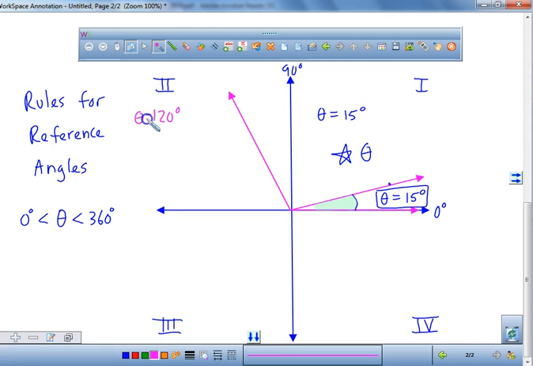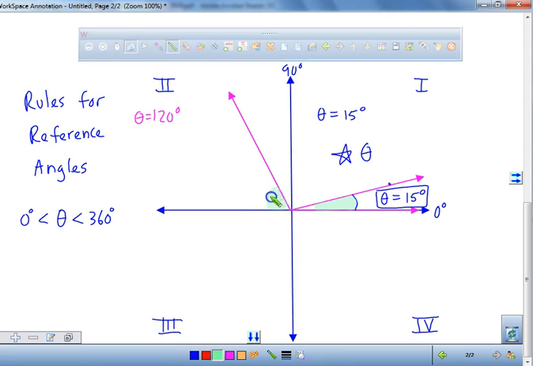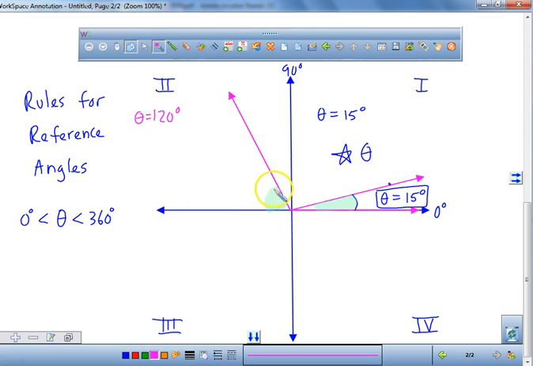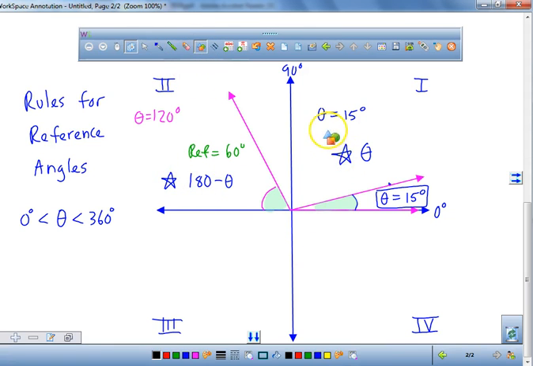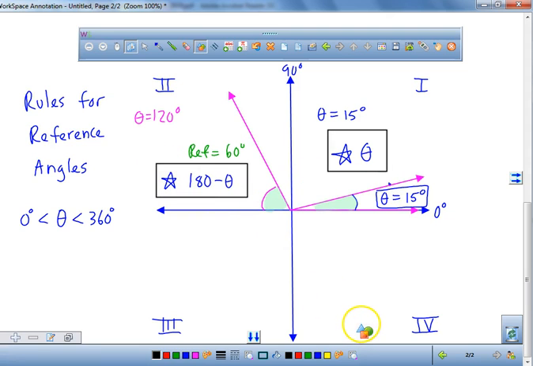If that's what we started with, our reference angle is going to be this, from here to there, which equals 60 degrees. Here's the rule: in quadrant 2, it's just 180 minus theta. Theta in our case was 120. I'm going to put a box around this so you remember: in quadrant 1, it's just theta, and in quadrant 2, it's 180 minus theta.